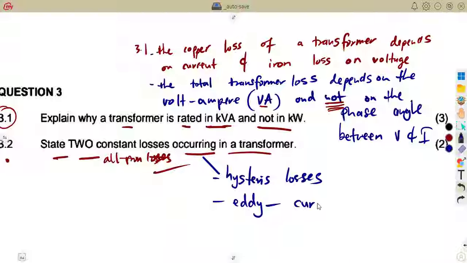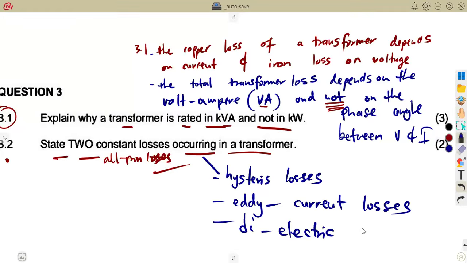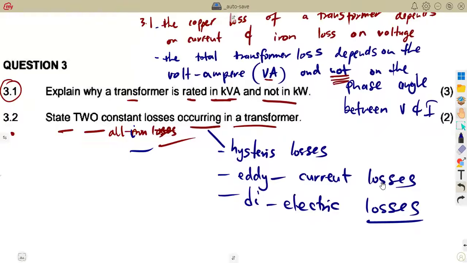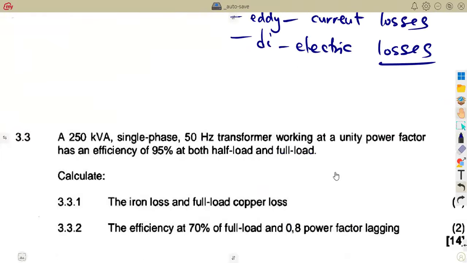We also have the eddy current losses. We also consider the dielectric losses, all iron losses that we have. That is the consideration. All right. So any two there, remember this, just say two.